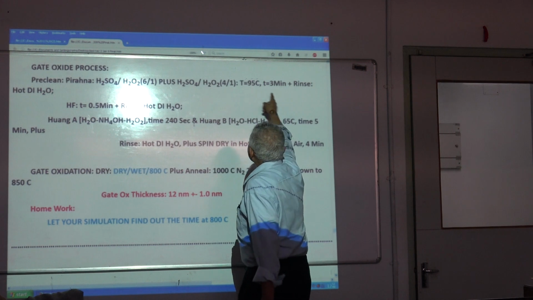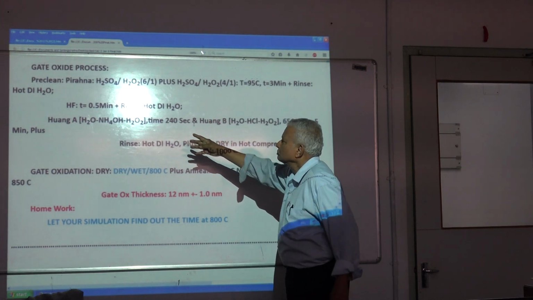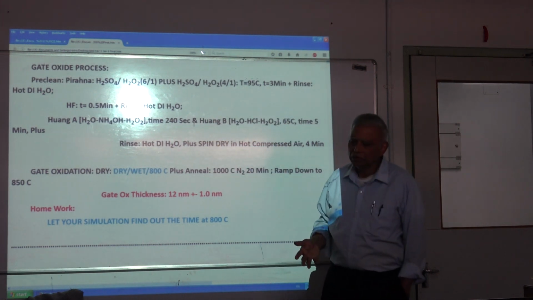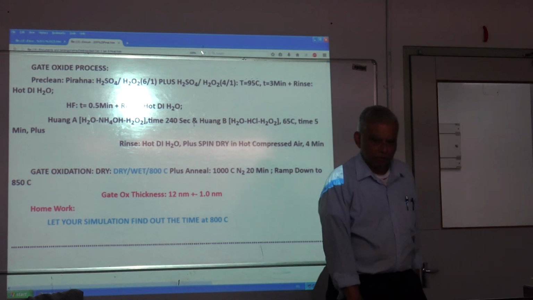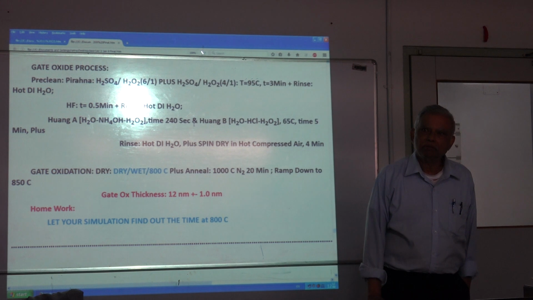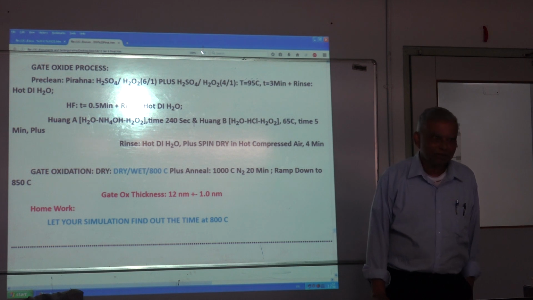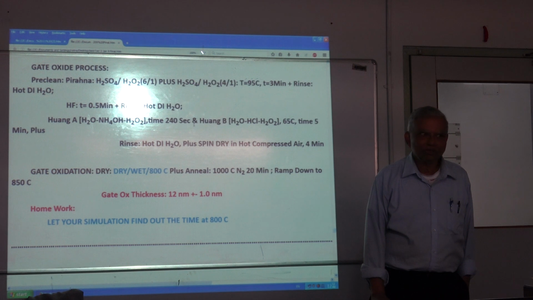The cleaning is so important. In every oxidation, the cleaning prior to oxidation is very, very important, because you are talking about very sensitive transistor technology. The interface is extremely important, and contamination is extremely important.